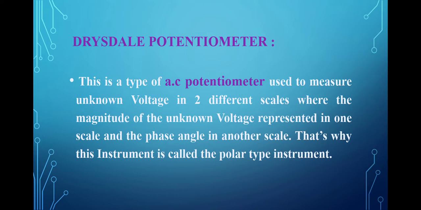A vibration galvanometer is a galvanometer which operates at a single tunable frequency. So that's the major difference between a DC and AC potentiometer.